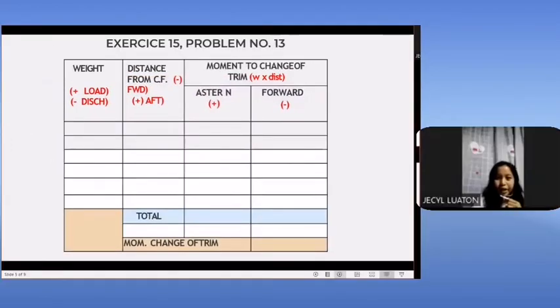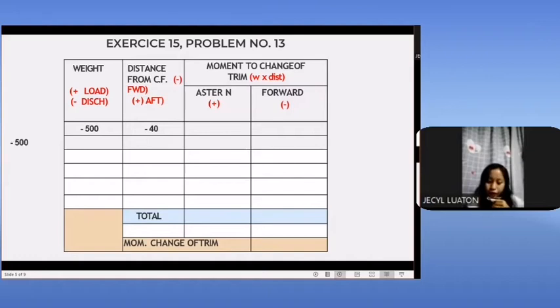So for our weight, our load discharge is negative 500, and the distance from the center of gravity of number 1 is 40 meters forward, which is negative 40. Then for number 2, the center of gravity is 25 meters forward, or negative 25. Then for number 3, we have 20 meters aft.